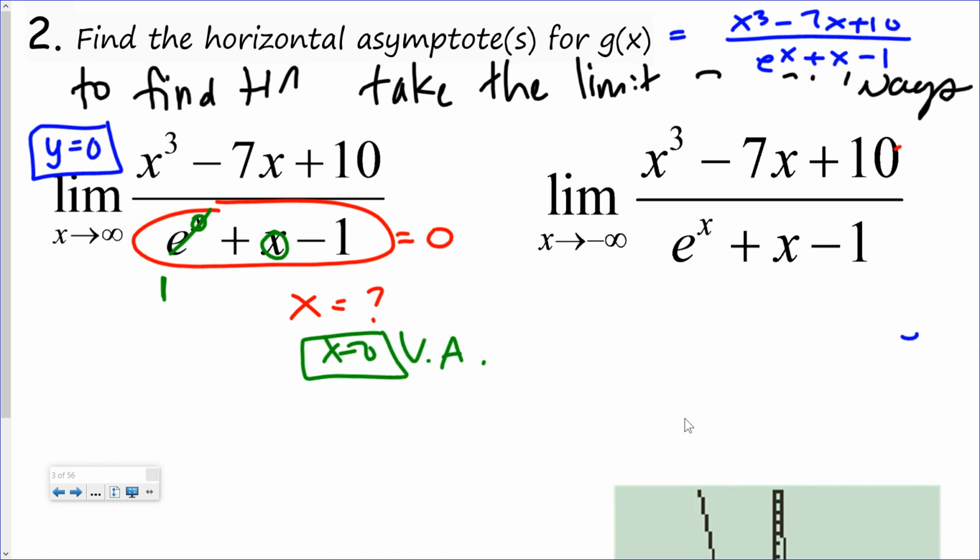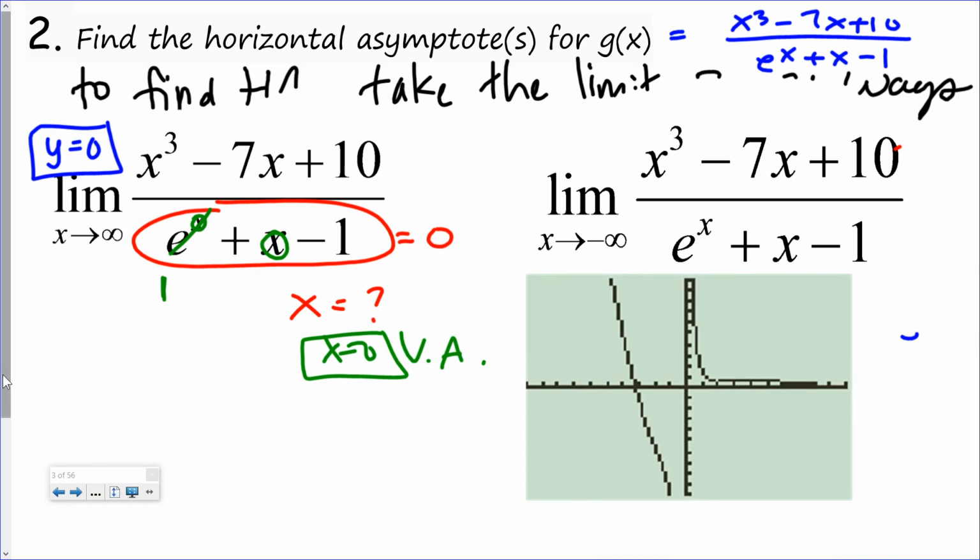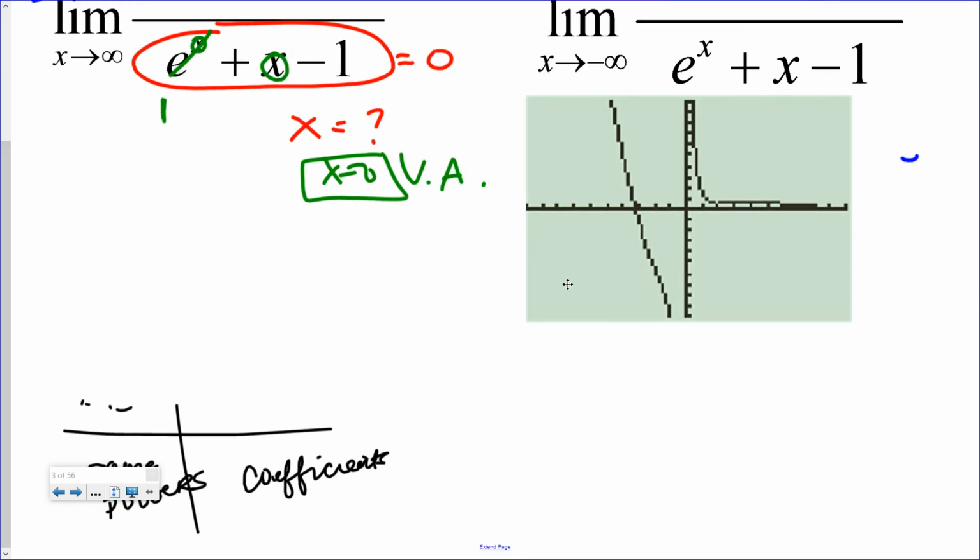All right. If you pull up the graph for this function, this is what it would look like if you put it into your calculator. And let's see if everything that we did worked out. As x goes to infinity, remember we got the horizontal asymptote y equals 0. Is there a horizontal asymptote of y equals 0 here? Yes, right?